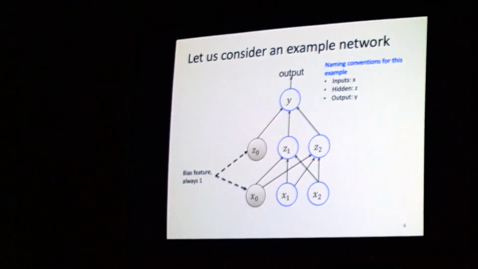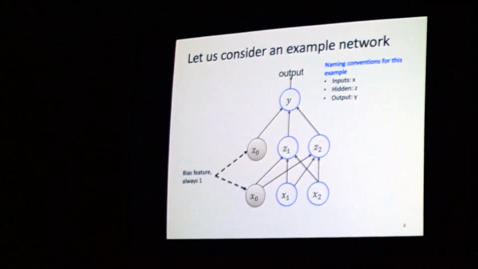To be consistent with the linear threshold units, which are a graphical representation of linear classifiers but can also be viewed as a basic component of a neural network, we also introduce some constant features, which are called bias features. Why do we call them bias features?